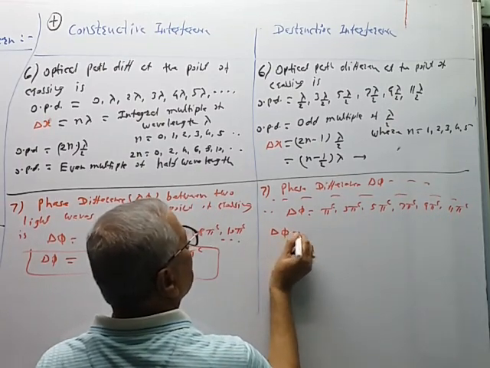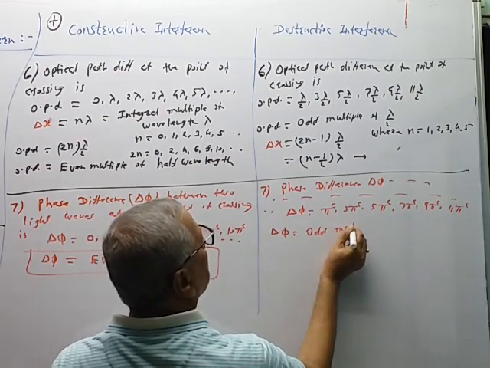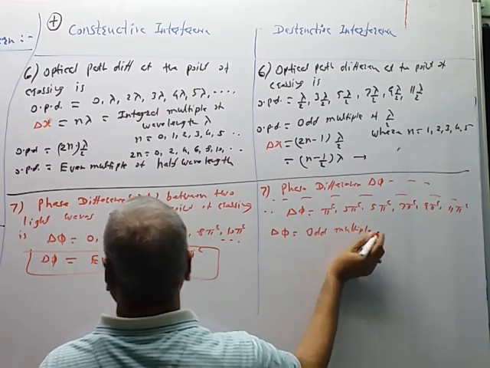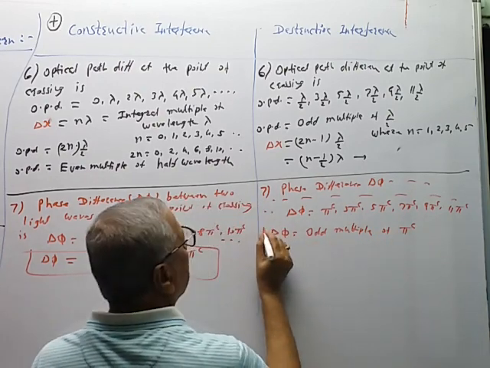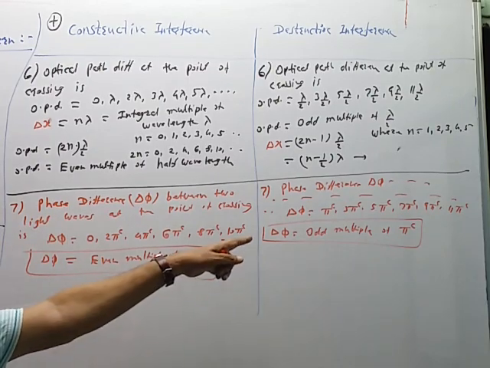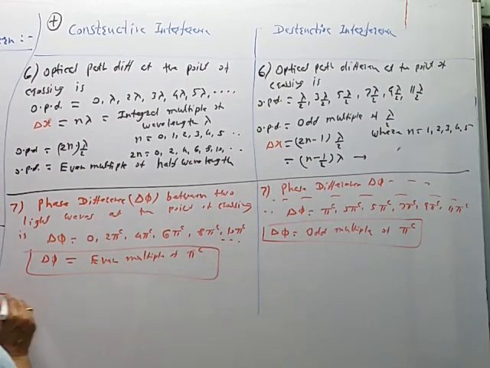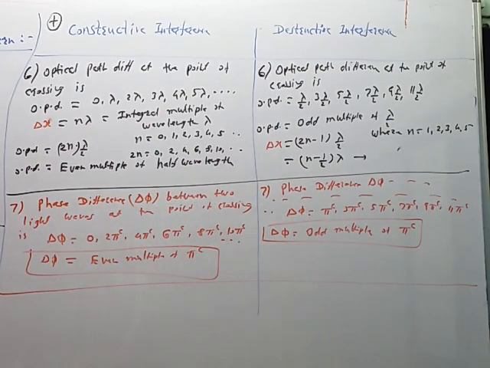So delta phi is equal to odd multiple of pi radian. Even multiple of pi radian, odd multiple of pi radian. So these are the values of path difference and phase difference, like this.